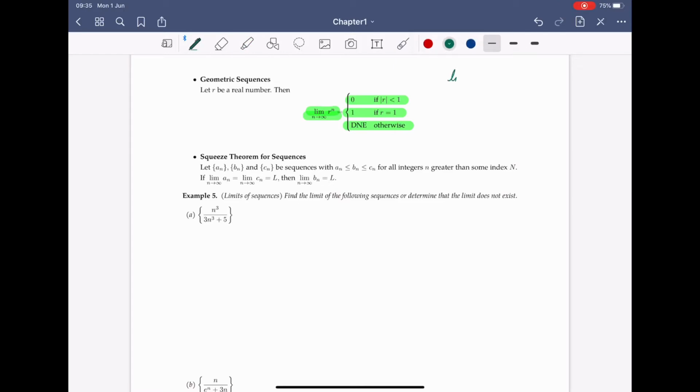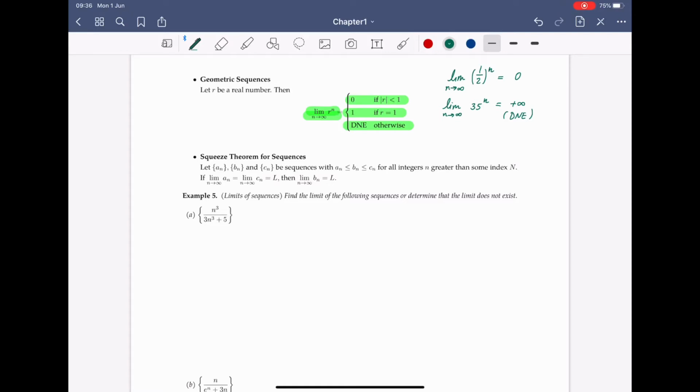For example, the limit as n goes to infinity of 1/2 to the n is 0, because r is 1/2, which is less than 1. And if you see the limit as n goes to infinity of, let's say, 35 to the n, this goes to infinity, or you can say it does not exist, because 35 is bigger than 1. This is the review from calculus 1.